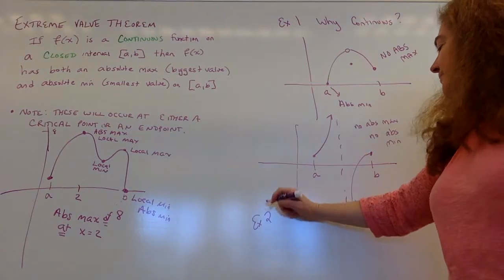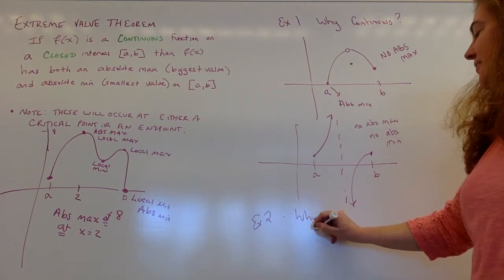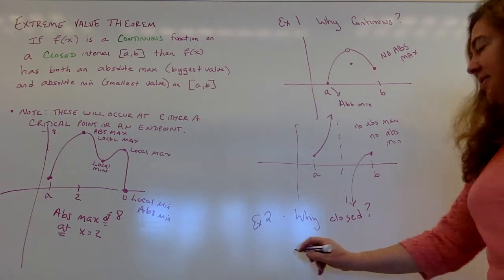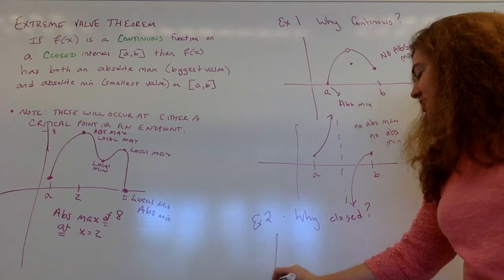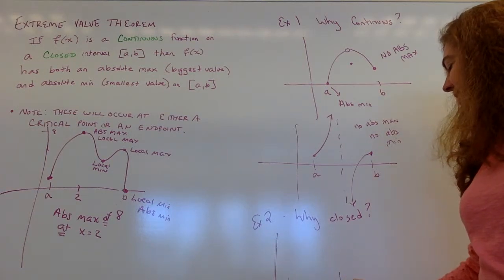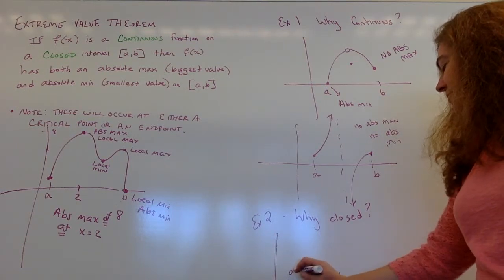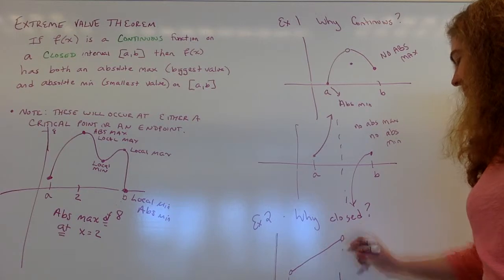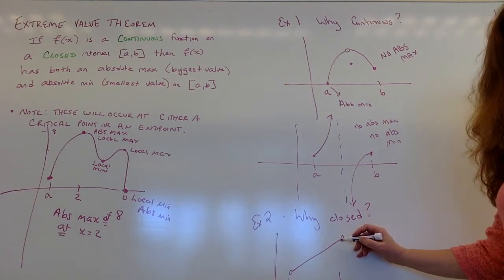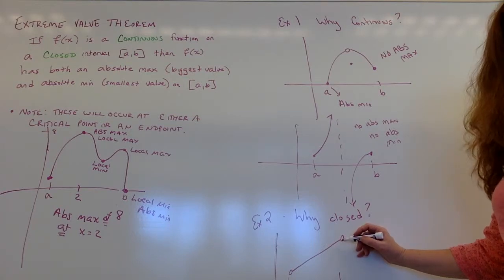And so then, why closed? Well, really it's the same idea. If I had, say, a function and it wasn't closed, here's A, here's B, just take a line segment. We're getting closer and closer to a maximum value, but there is no biggest value.